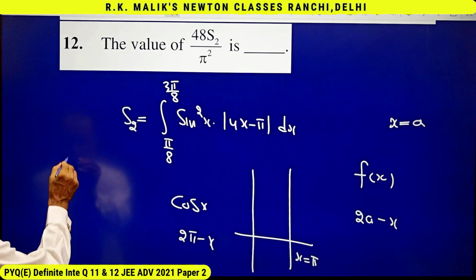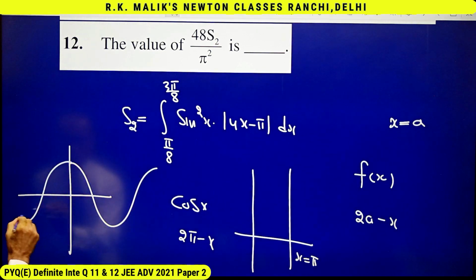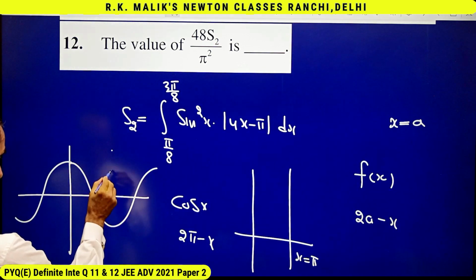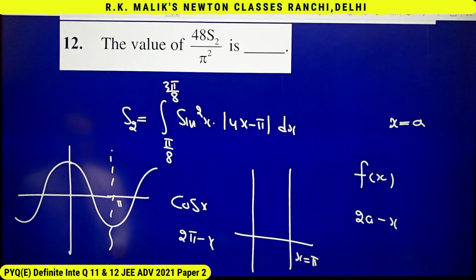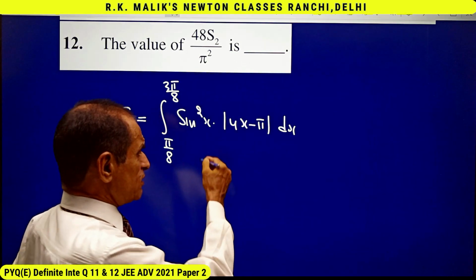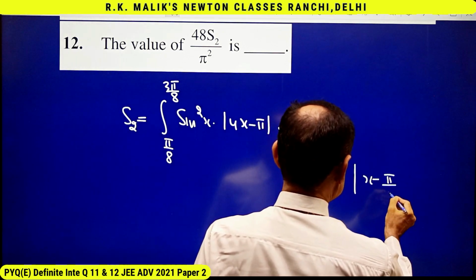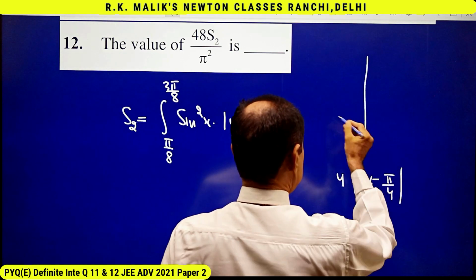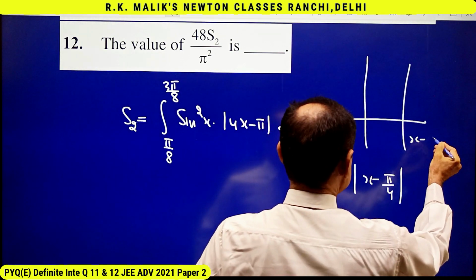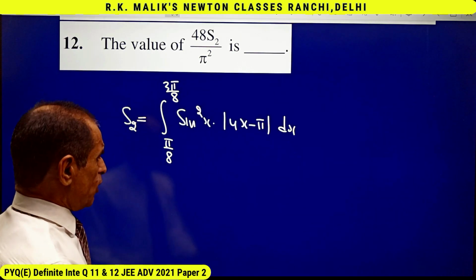You can see very easily that the graph of cos x is clearly symmetrical about the line x equal to pi. Now mod of 4x minus pi is equal to 4 into mod of x minus pi by 4. This is symmetrical about the line x equal to pi by 4. This 4 can be taken outside.